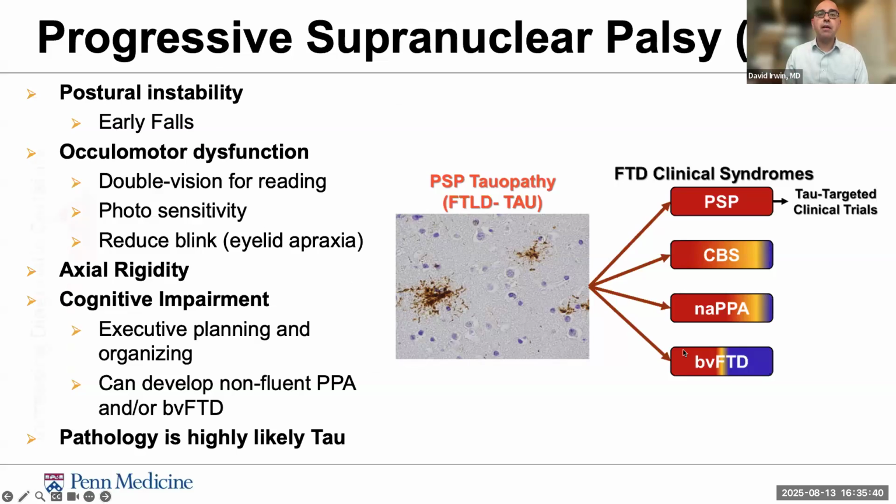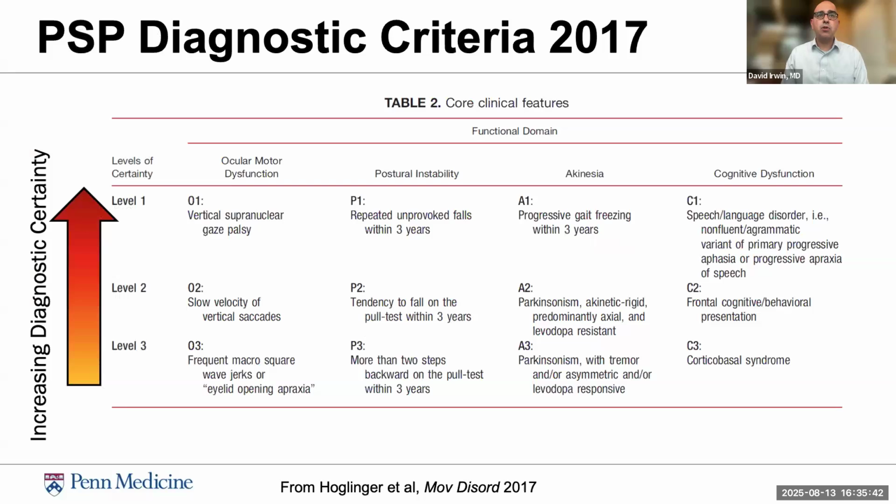So it is important to highlight the most recent PSP diagnostic criteria, which were revised in 2017, which have different levels of certainty for each core feature of progressive supranuclear palsy. There are more details that, in the interest of time, I won't go through, but the idea is that different constellations of these levels of certainty allow the criteria to help us diagnose early stages of PSP.